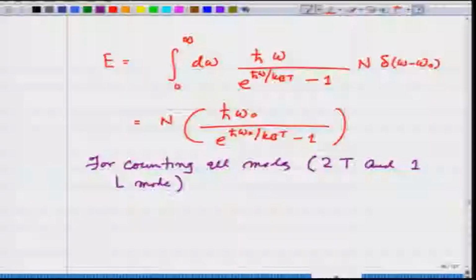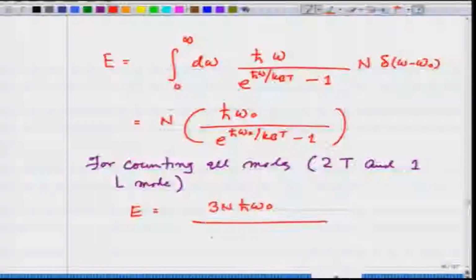I have to multiply this number by 3. You can think of it another way. These n cells, if there are n atoms or n units, all of them together are going to have 3n degrees of freedom, and we have calculated this energy only for 1 degree of freedom. So, actual energy is going to be E equal to 3n h cross omega 0 over e raised to h cross omega 0 over k b T minus 1.